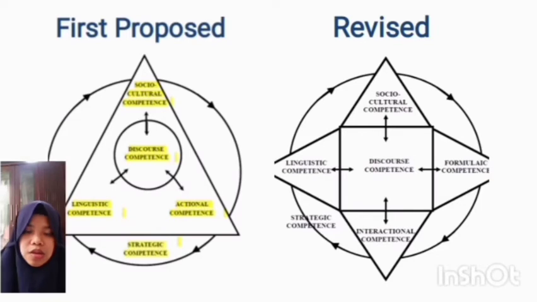The arrows indicate the various components are constantly interacting with each other, and also the discourse component. This construct placed the discourse component in a central position where the lexical grammatical resources, the actional organizing skills, and the sociocultural context all come together and shape the discourse.